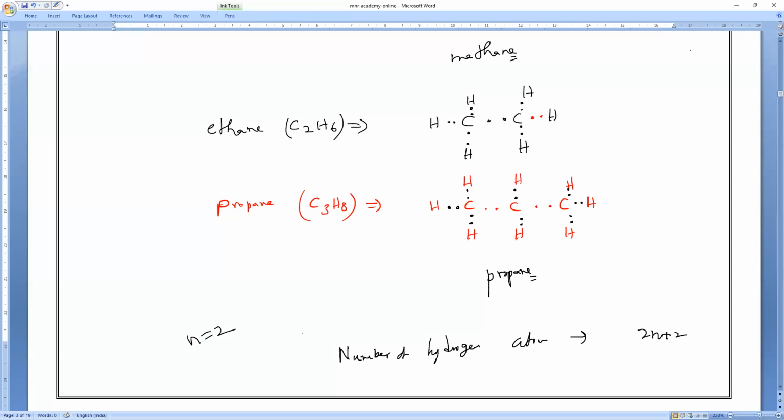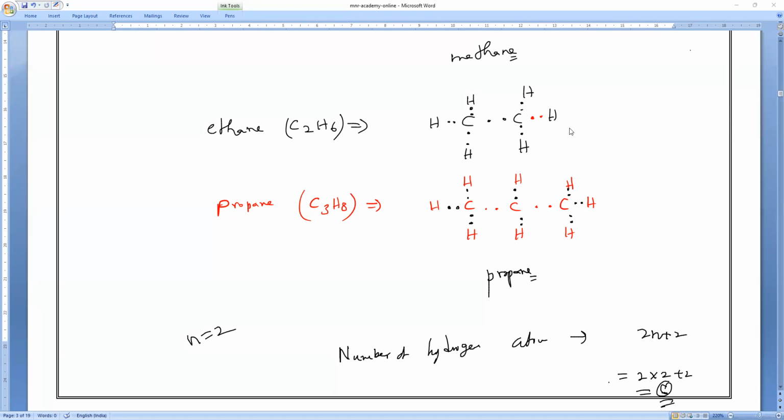If n is equal to 2, then the number of hydrogens is 2 into 2 plus 2, which is equal to 6. Clear, everybody? So always 2n+2 will give you the number of hydrogen atoms. And the general formula is CnH2n+2. General formulas are very important. So till here you have learned.